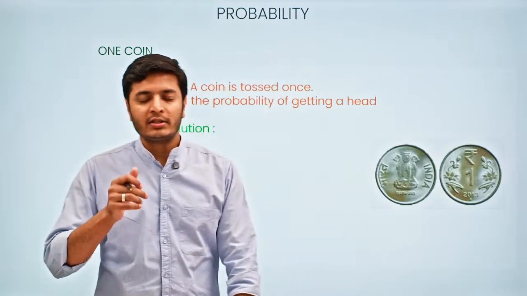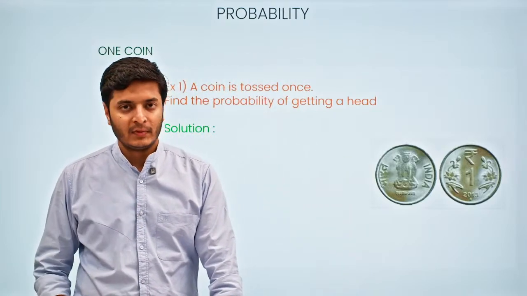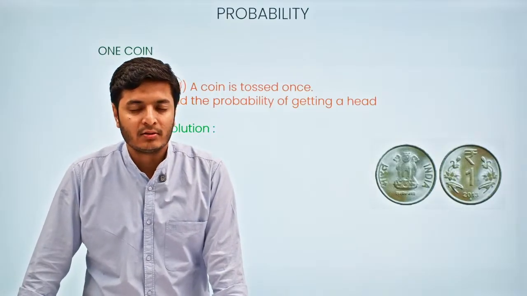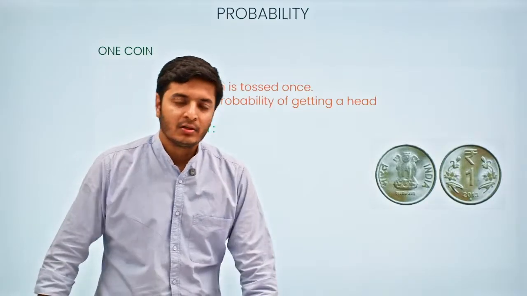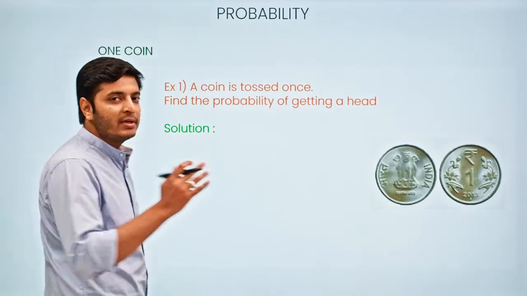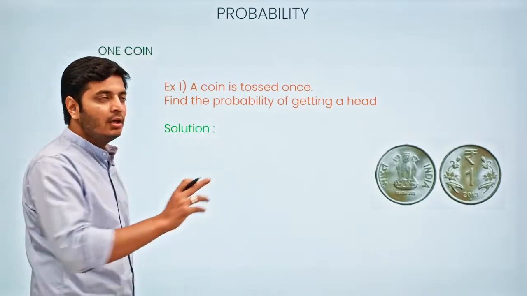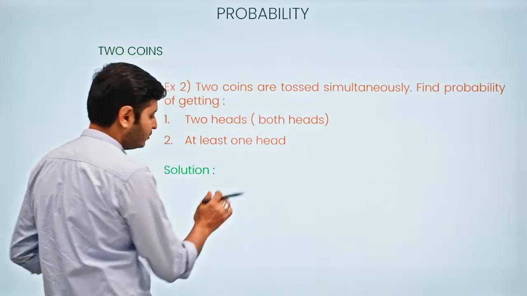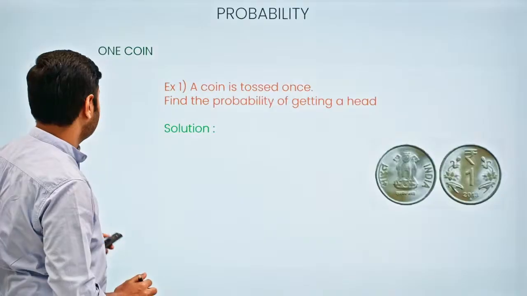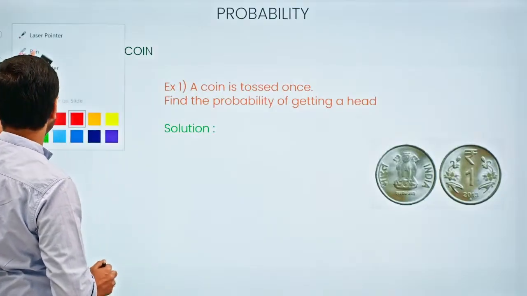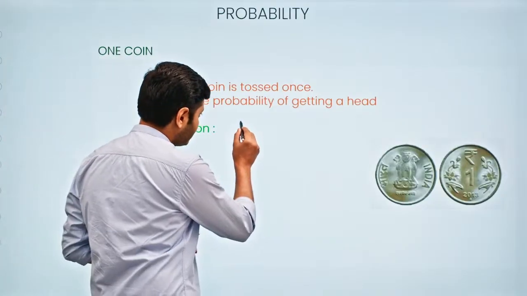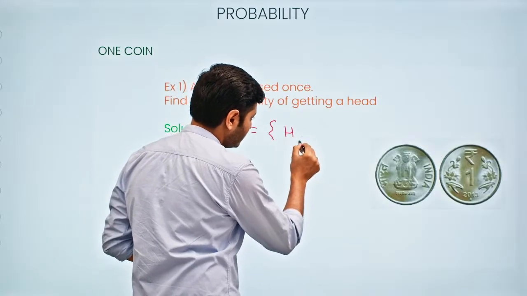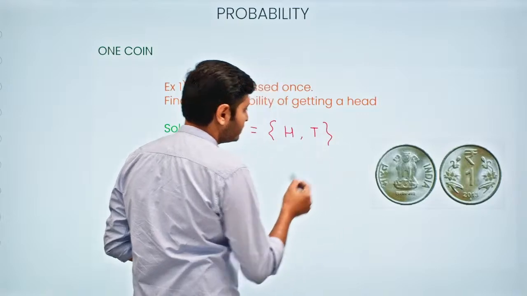So if we are tossing a coin, there are two things. Either it is going to land facing heads up, or it is going to land facing tails up. Correct? So I'm going to write the sample space first, because we are only tossing a coin once. So the sample space here is heads and tails.